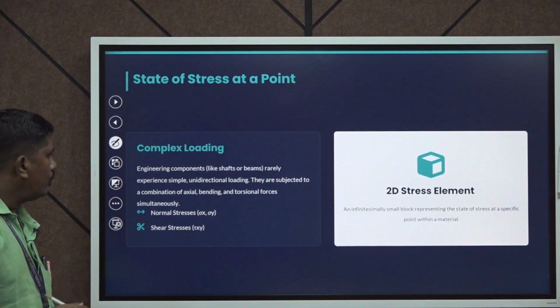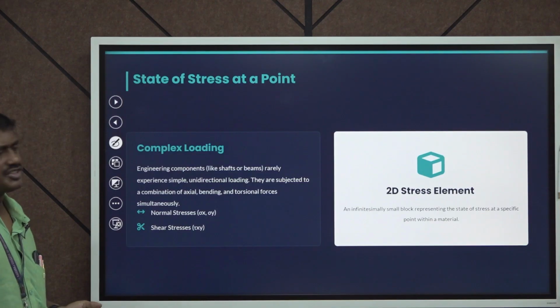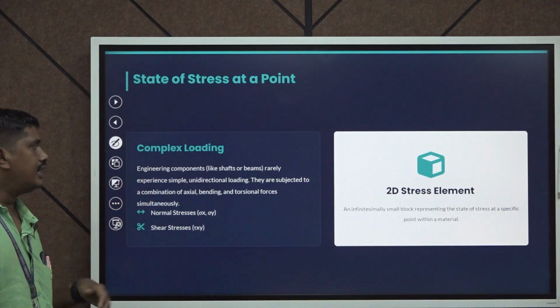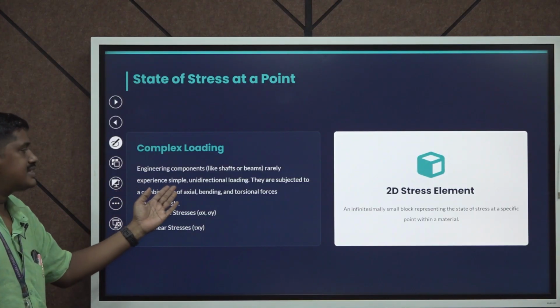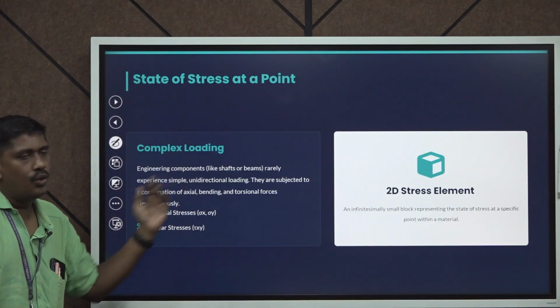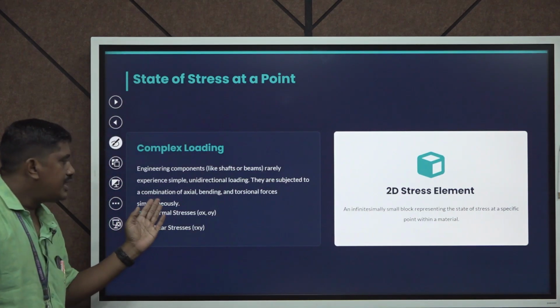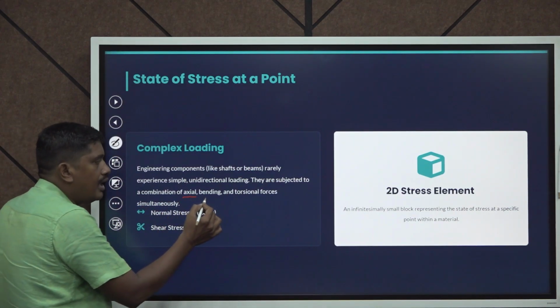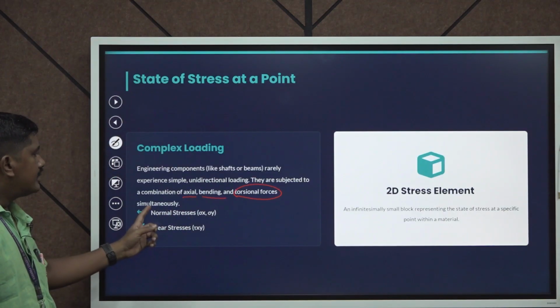The complex load: why we go with principal stress and strain is that engineering components like shafts and beams rarely experience simple unidirectional loads. They are subjected to a combination of axial, bending and torsional forces simultaneously.